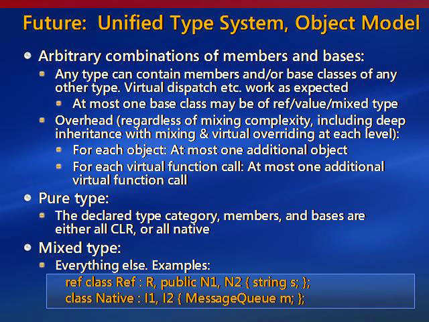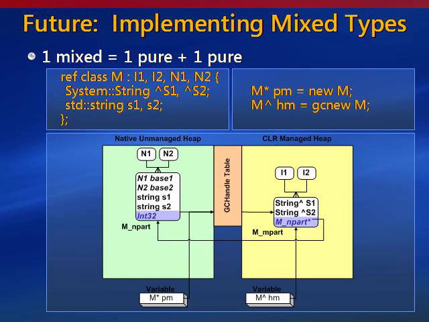And so we're calling that a mixed type. And so you'll see that the first one, ref, is a class that inherits from two native classes and contains a native class, and vice versa for the other one. A native class that implements an interface, that's very useful. I just want to take my MFC class and implement this serialization interface and get the CLR to take care of all those useful things. And that just works for you.